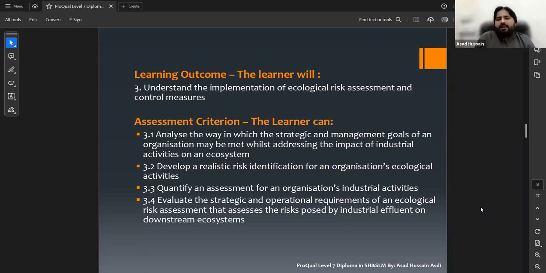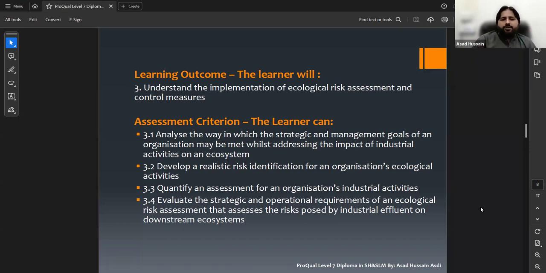So you can provide any evidence which confirms that your organization is not only working on production and its aim and objective. They are considering health and safety and environment as a priority. They are considering health and safety and giving priority to the ecosystem. They are giving priority to management systems, environment management systems. So that will be enough for this 3.1 assessment criteria.